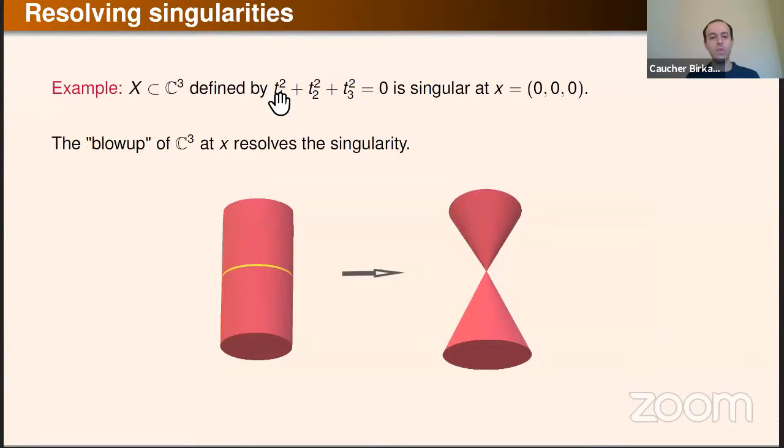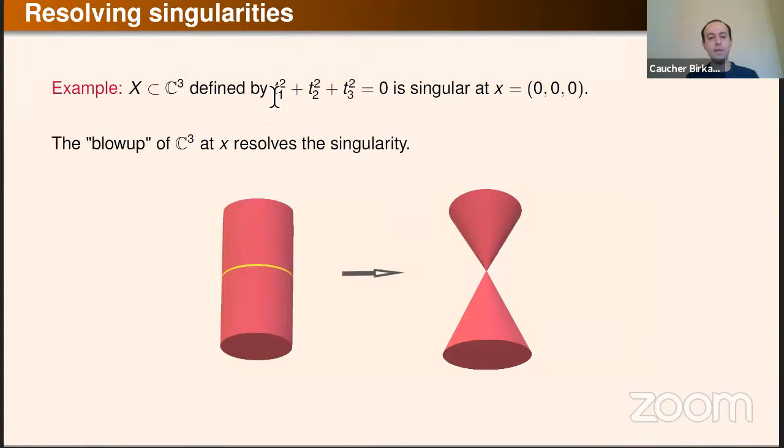I take this equation, and its set of solutions will give me a variety X inside C^3. We can see that this is singular at the origin again. We know that one reason is because if we look at the shape, this is actually the shape over the real numbers, so even by looking at the shape over the real numbers, we can sense there is a singularity here, there is something strange.